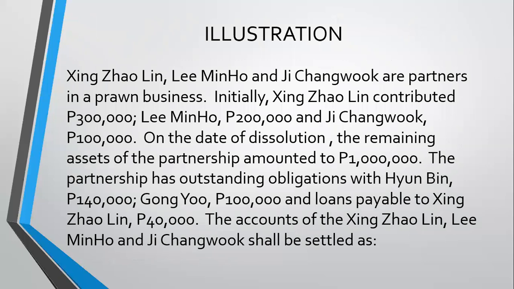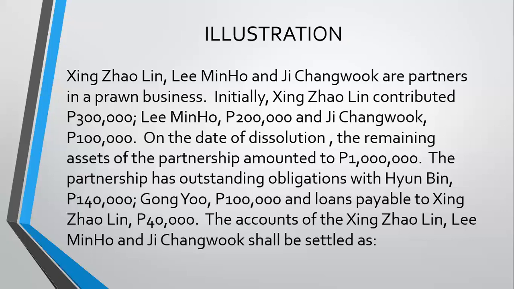So, this illustration, no, let's assume this illustration as presented here. Sing Shaolin, Li Mingho, and Ji Changwok are partners in a prawn business. So initially, Sing Shaolin contributed 300,000. Li Mingho contributed 200,000 and Ji Changwok 100,000. On the date of dissolution, the remaining asset of the partnership amounted to 1 million.